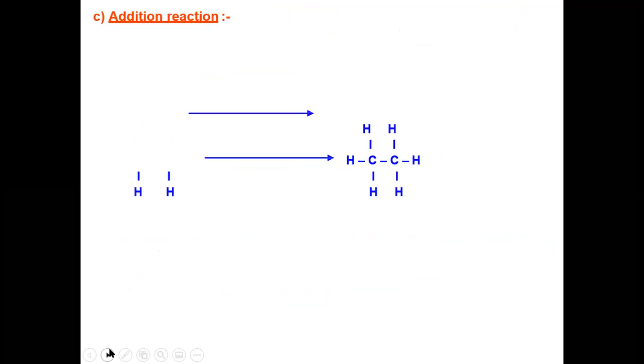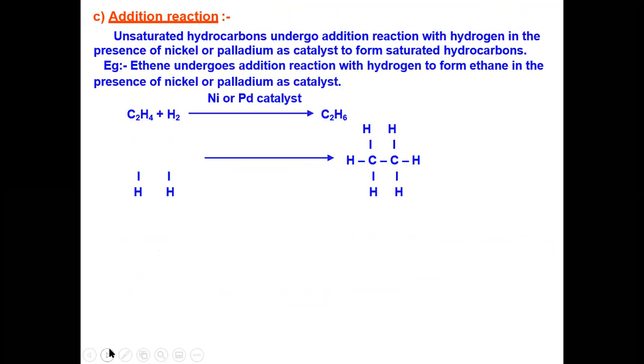Next is addition reactions. Unsaturated hydrocarbons undergo addition reaction with hydrogen in the presence of nickel and palladium as a catalyst to form saturated hydrocarbons. For example, ethene undergoes addition reaction with hydrogen to form ethane in the presence of nickel and palladium as a catalyst.